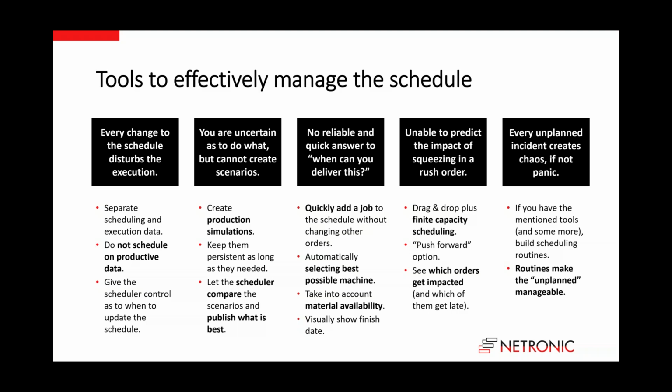And our approach to handling unplanned incidents comes from us offering best practice training for the customers, because if they have these tools in place, customers are able to build scheduling routines. And if these routines also embrace tools to handle the unplanned, then the unplanned remains unplanned, but it becomes manageable.